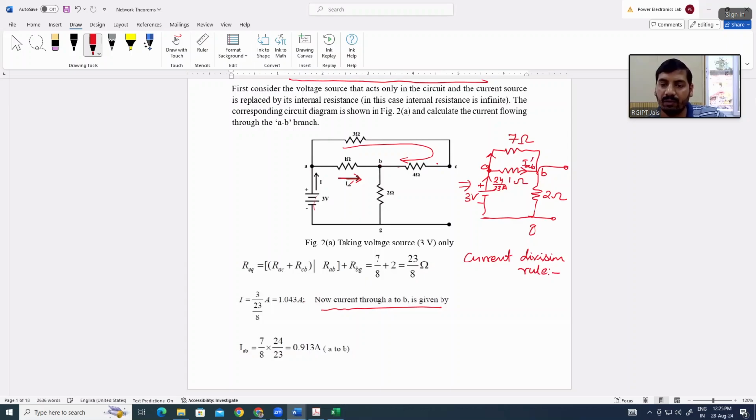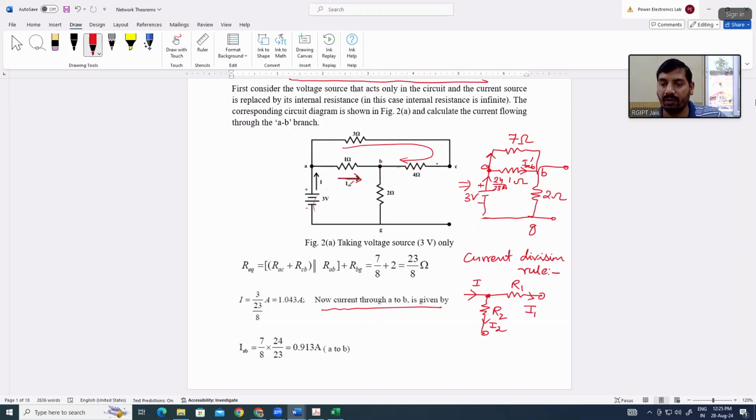In the current division rule, suppose there are two resistances, R1 and R2, and the current flowing is I. The current flowing in R1 will be I1 and in R2 will be I2. This means the main current I is dividing in two parallel branches R1 and R2.